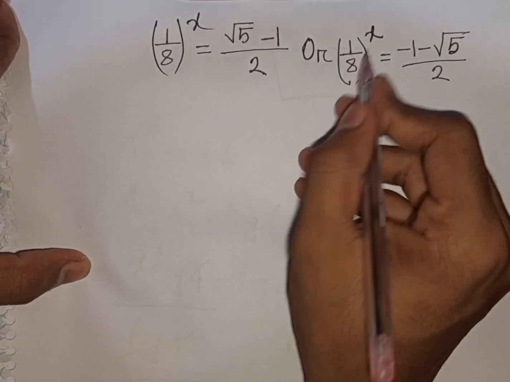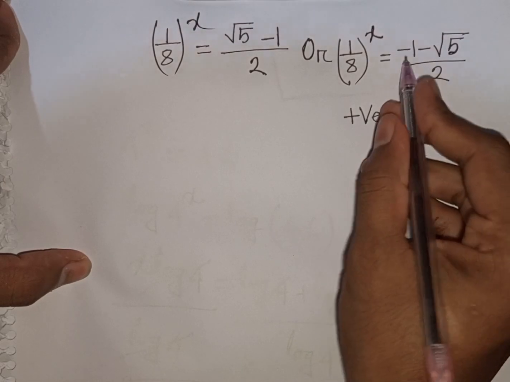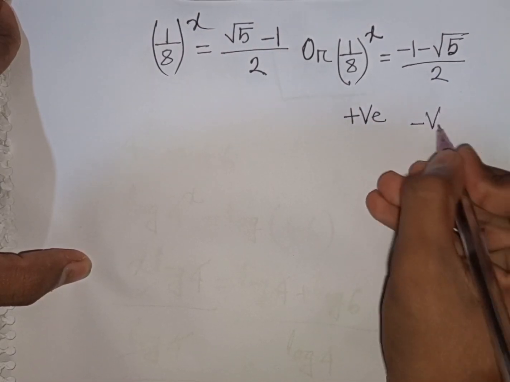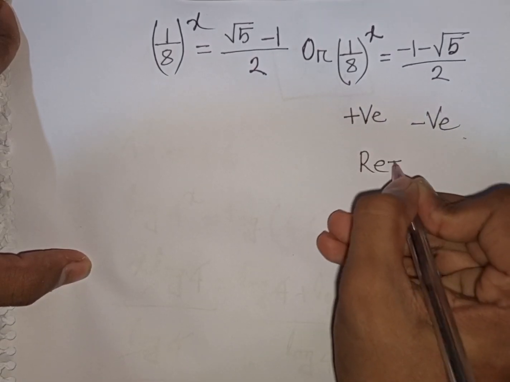We see (1/8) to the power of any number is always positive, but this is negative. Positive cannot be equal to negative. So, this is rejected.